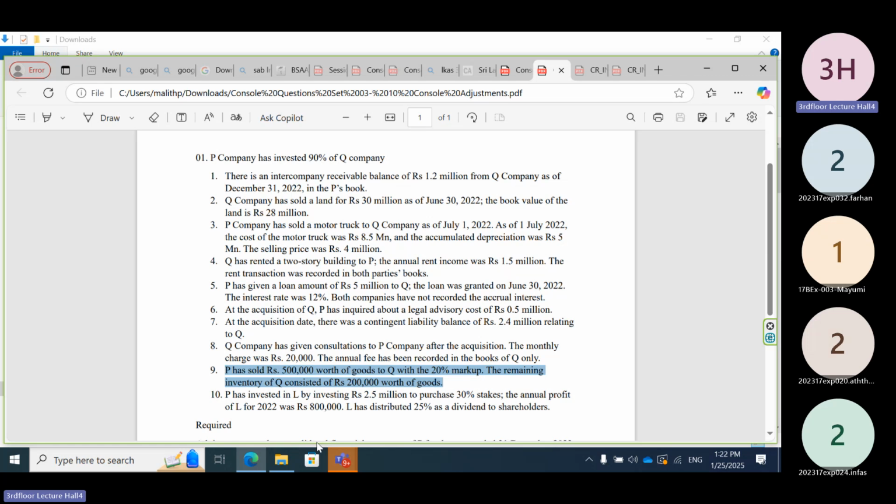Are you okay? So your margin is how much? 1 divided by 5. Your markup is 1 divided by 4.